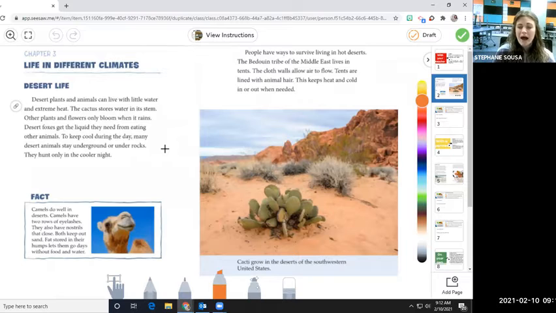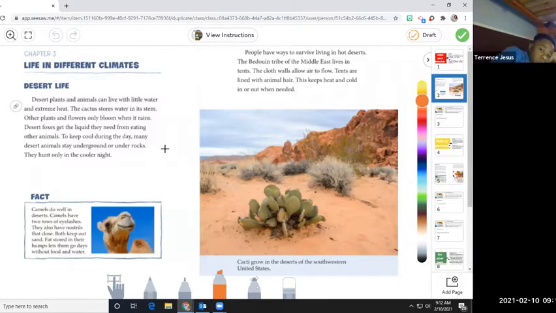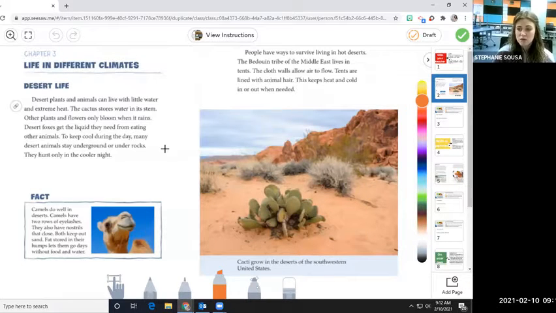And we're going to highlight information about how the climate affects the animals. Okay, so remember, our climate is the temperature, the precipitation, and the vegetation. So we're looking at the temperature, we're looking at the amount of rainfall and how that affects animals, and we're looking at the plant life and how that affects animals.